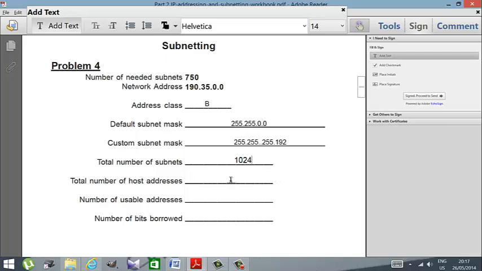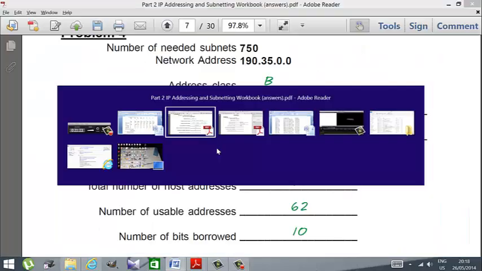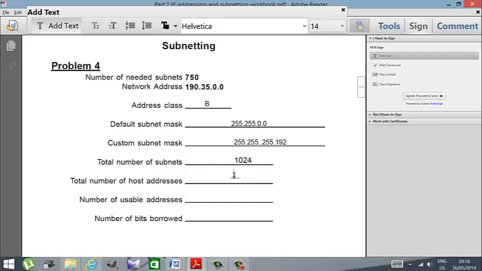Total number of host addresses, we can have a look in our chart. So right here on the left, 64 hosts per subnet. So we can add the 64 here. Number of usable addresses, 64 minus 2, which is 62. Number of bits borrowed, 10 bits.